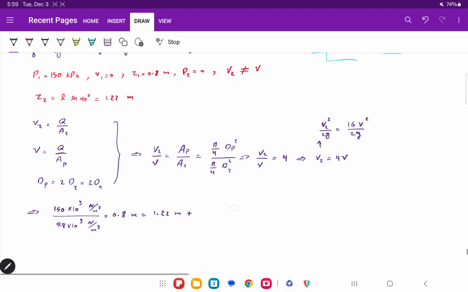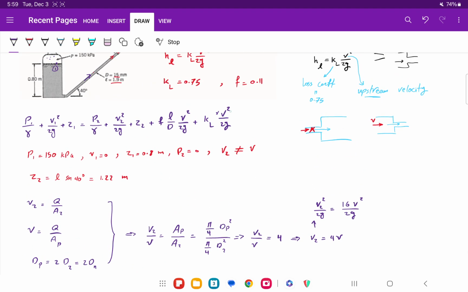If we factor out V square over 2g, we will have V square over 2g times f L over D plus K_L plus 16.